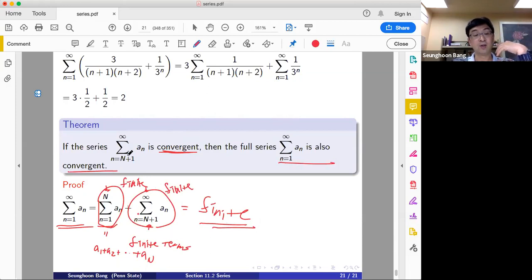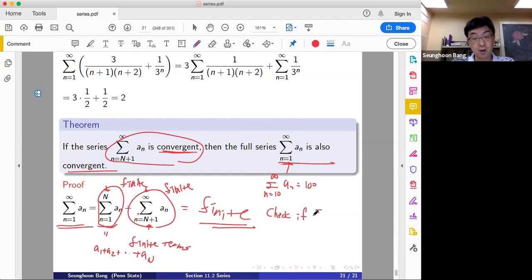This is the proof. Since the summation from capital N plus 1 to infinity is convergent, the full series is also convergent automatically. This is the whole idea. One example: the summation from n equals 10 to infinity of an equals 100. You can check whether the summation from n equals 1 to infinity of an converges or diverges.